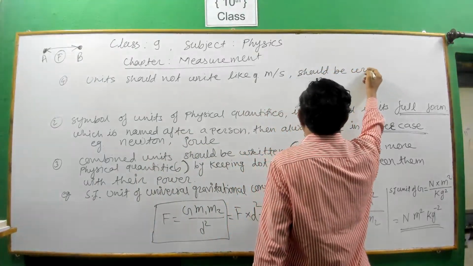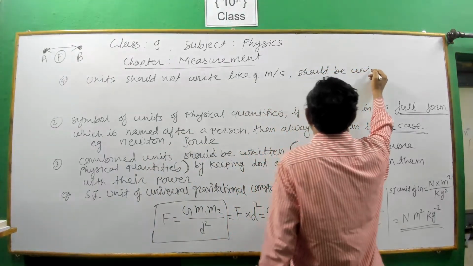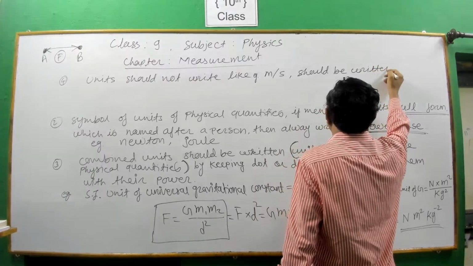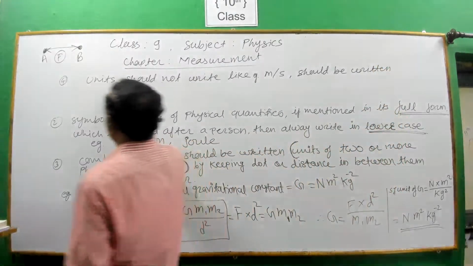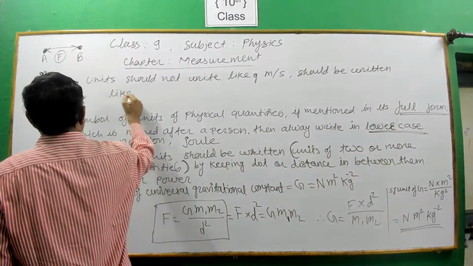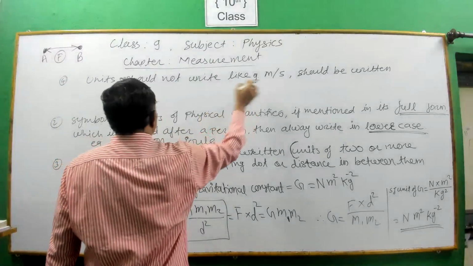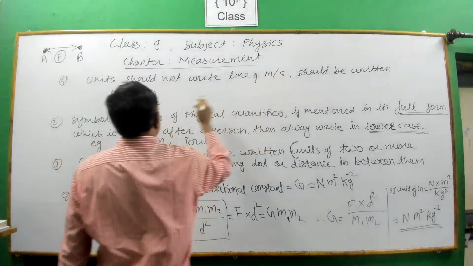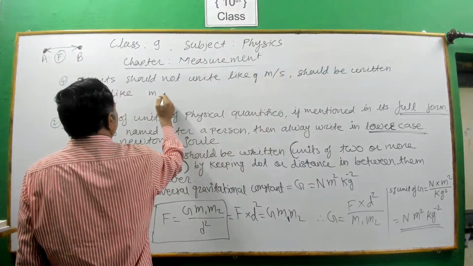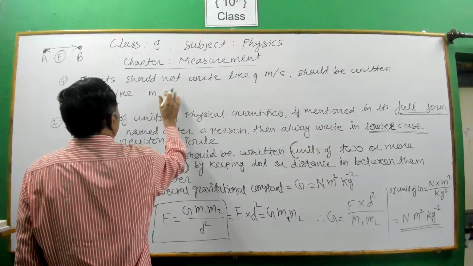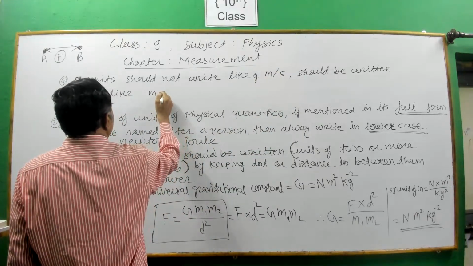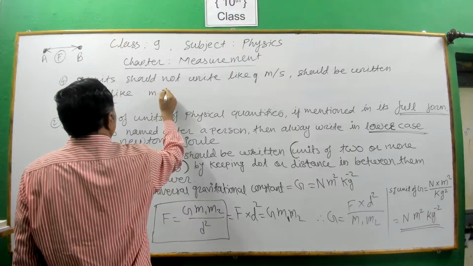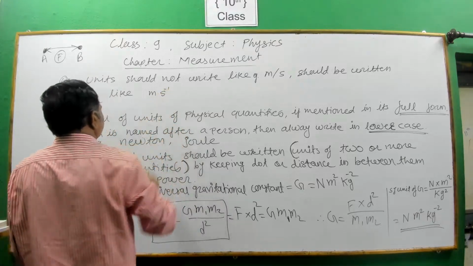Should be written like ये unit जो है मीटर, bring this numerator position seconds को. क्लियर? उसको कैसे लिखेंगे? माइनस फर्स्ट पावर.